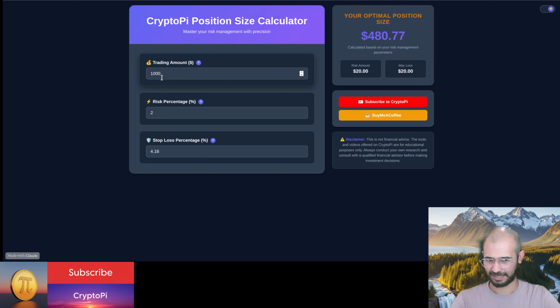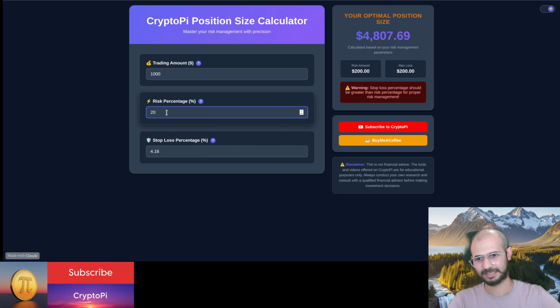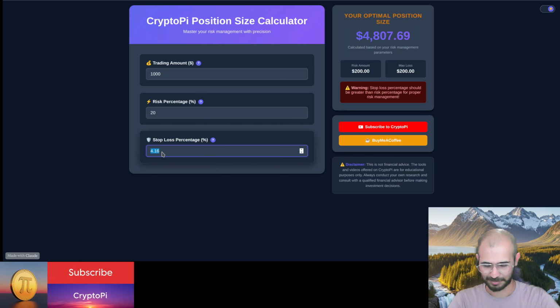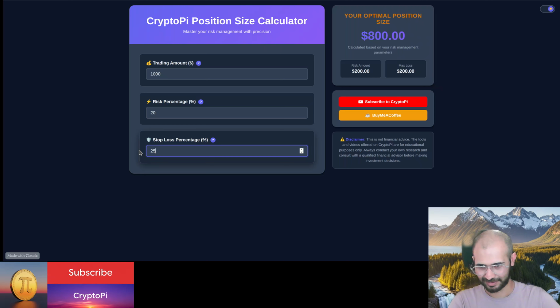So risk has to be taken very seriously, and how much risk percentage I define here has to be thought through very critically, that I cannot just put 20% of my trading amount as the risk for one trade. Let's say even if I have put 25 stop loss percent, it's still all right, but my risk amount is 200. So if the trade goes wrong, I lose 200 and I only have 5 opportunities to make a trade.